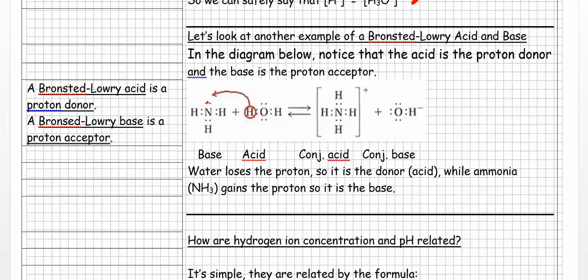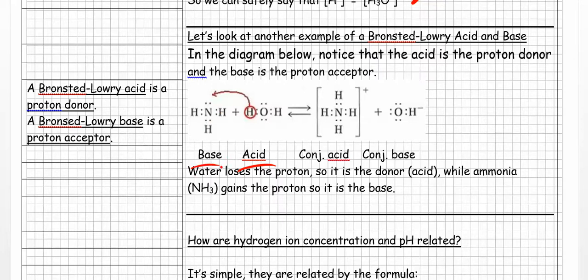There's a lone pair of electrons on the ammonia, and that lone pair of electrons is going to attract that hydrogen and pull it to itself. In doing so, the water is going to lose the hydrogen. So what do we call things that lose hydrogens? Acids. What do we call things that gain protons? Bases, right?